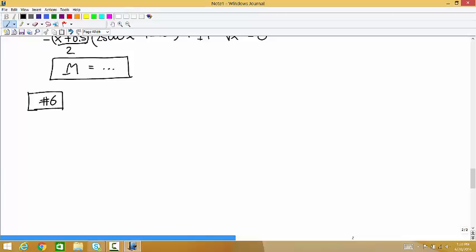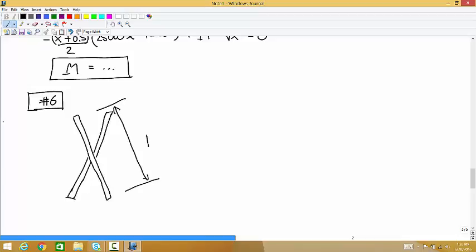Does anyone remember from the solution what those dimensions are? I would guess 1 meter each and 10 degrees. Okay, so each of these is 1 meter long, and this angle is 80 degrees and it's symmetric.